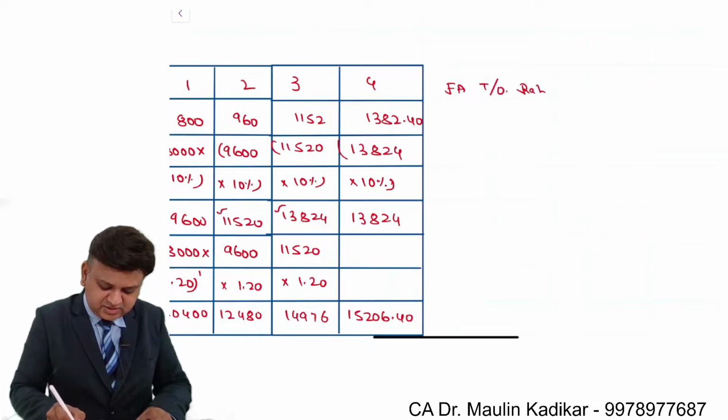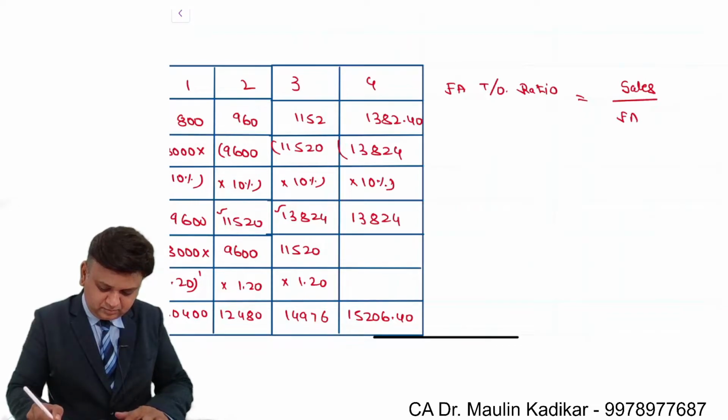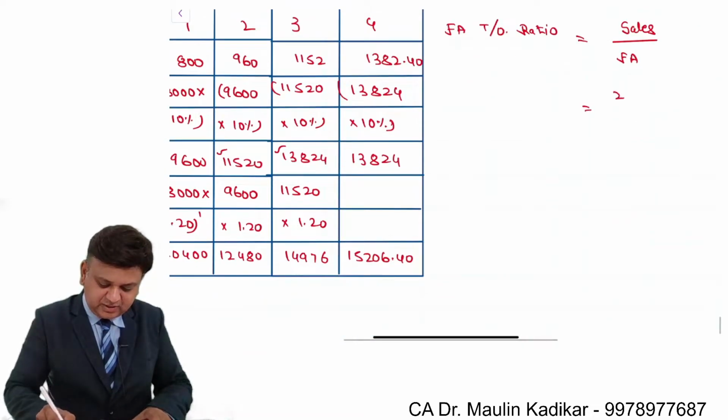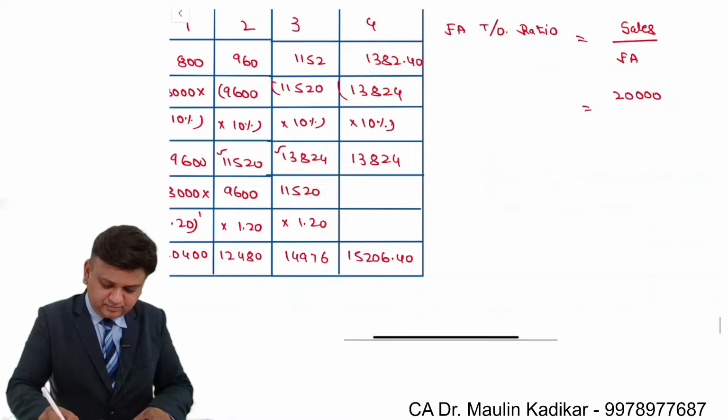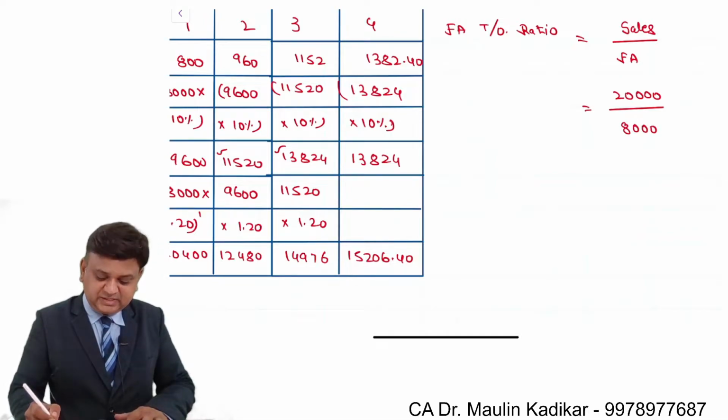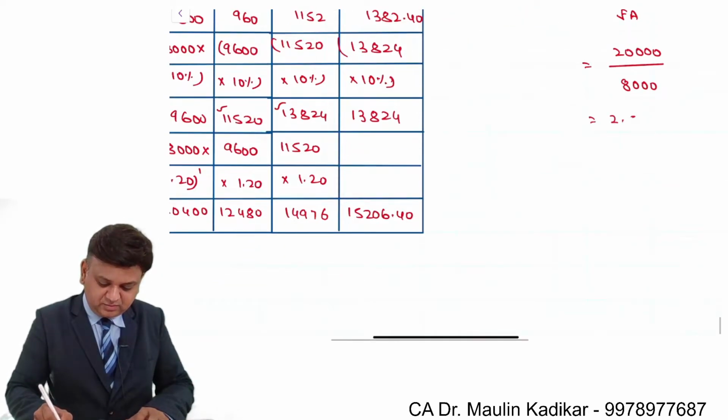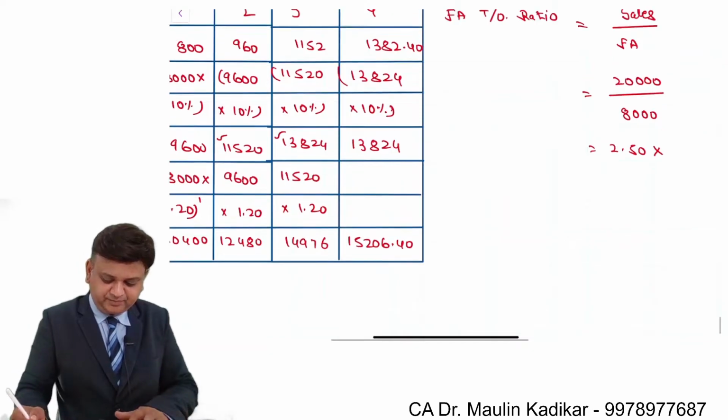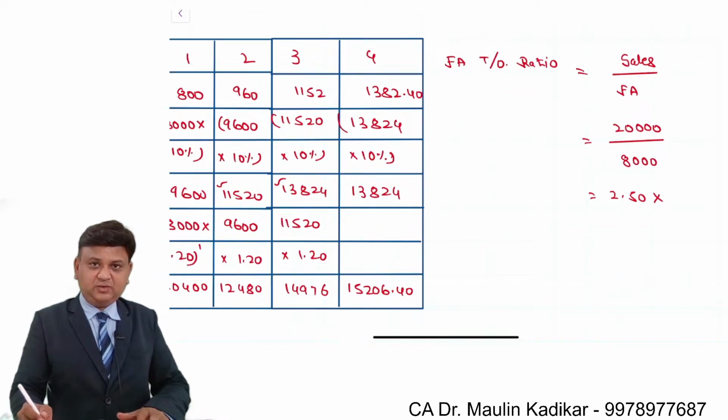As far as the fixed asset turnover ratio is concerned, it can be calculated as sales upon fixed assets. What is the sales of the company? 20,000. What is the fixed asset? Fixed asset is 8,000. So what is the answer? Answer is 2.50 times. That is the fixed asset turnover ratio.